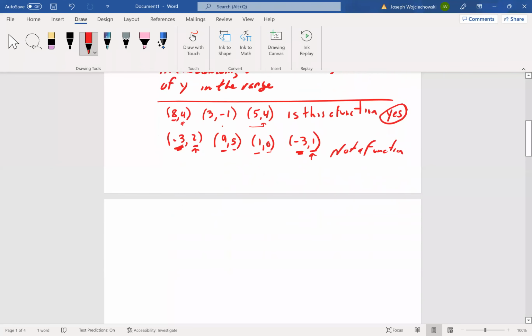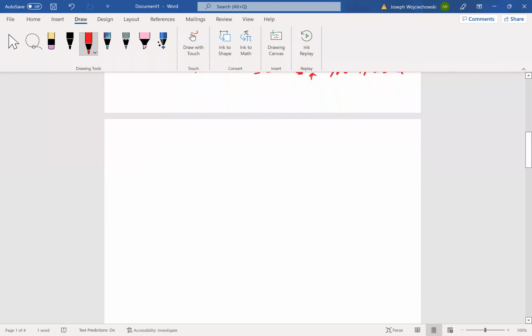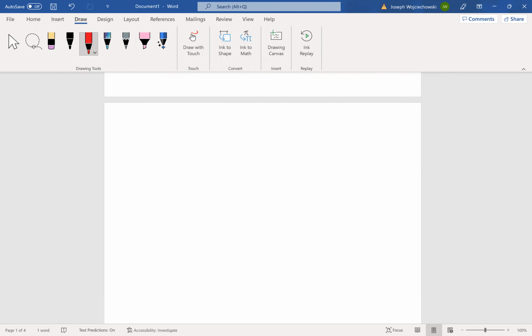So, of course, we're not going to be dealing with points in here. We're going to be dealing with graphs of equations. That makes it a little more difficult to tell if something is a function, but there is a method. It's called the vertical line test. Now, I'm not going to write this down.